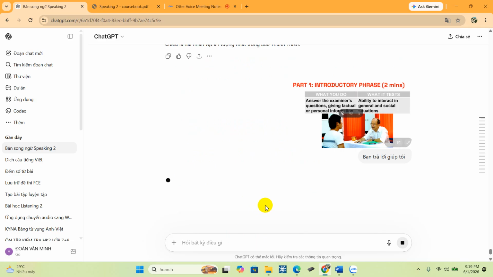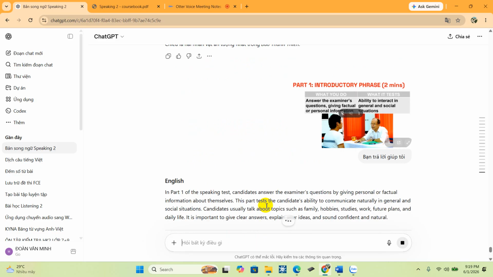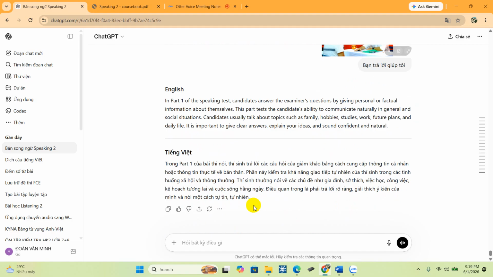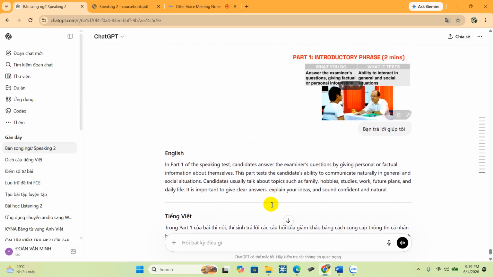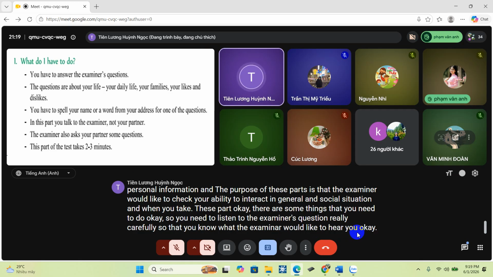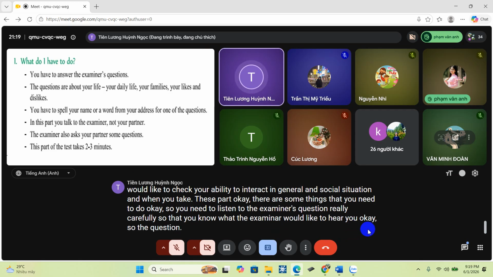When you take this part, you need to listen to the examiner's question really carefully, so that you know what the examiner would like to hear from you.